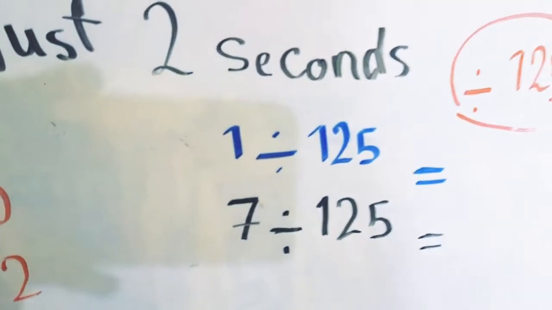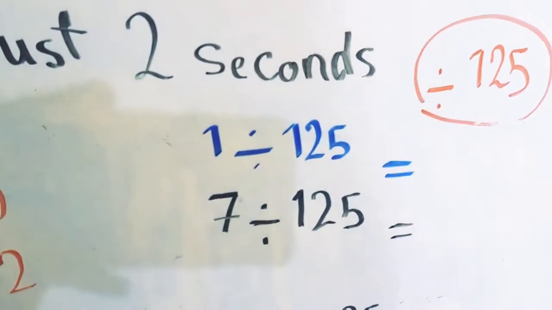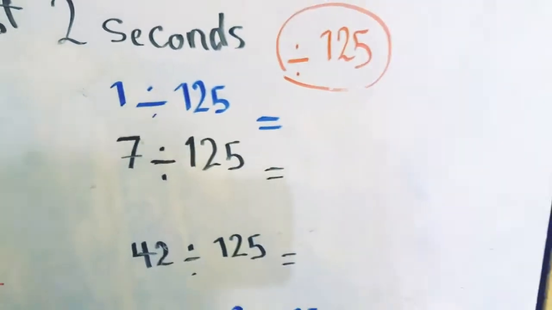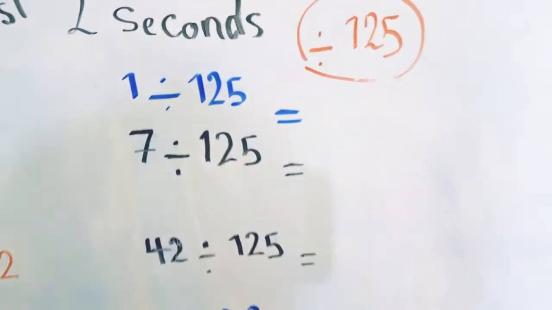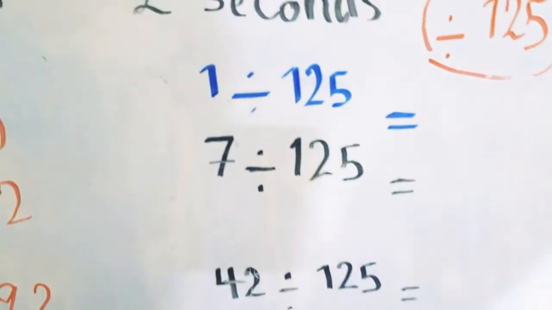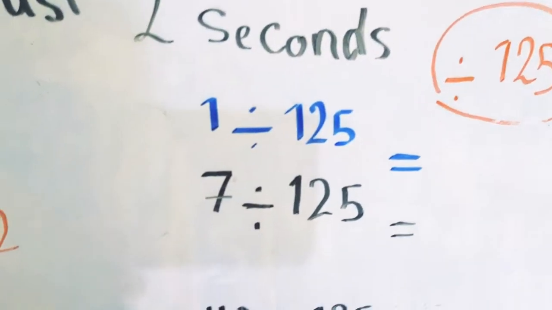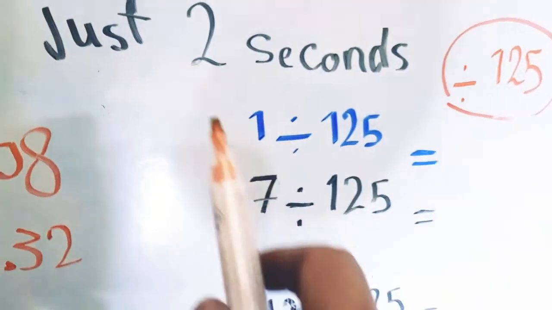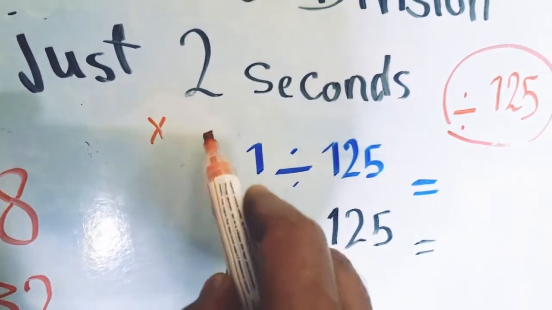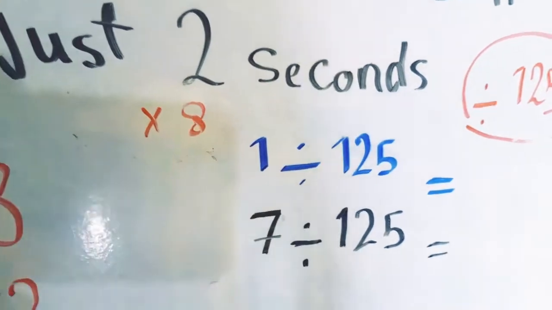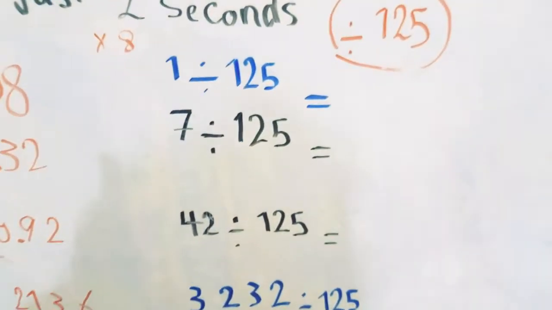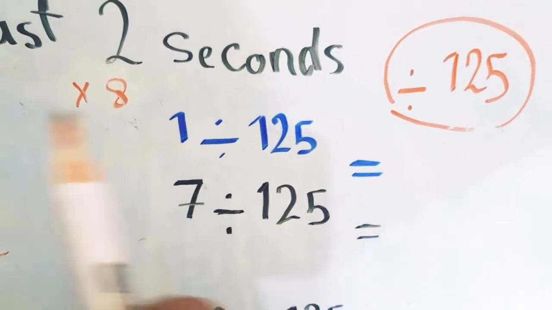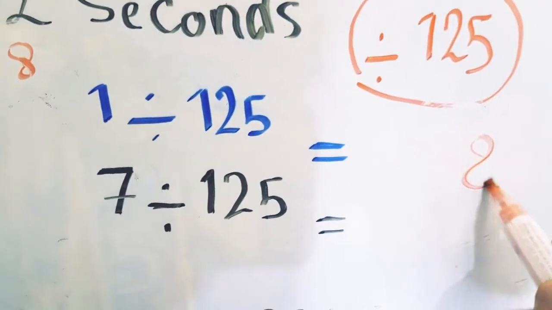The first example, we divide 1 by 125 without using the calculator. The rule states that when we divide any number, whatever, by 125, we multiply the dividend by 8. Okay, let's try. 1 times 8 equals 8.